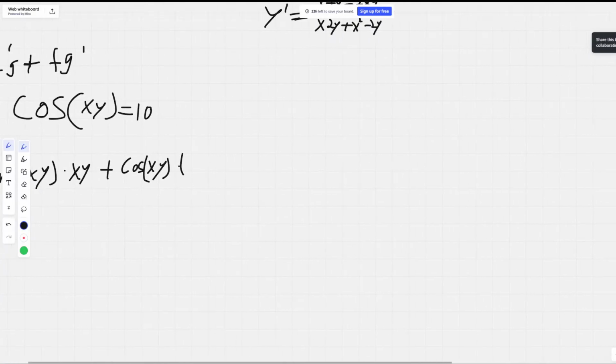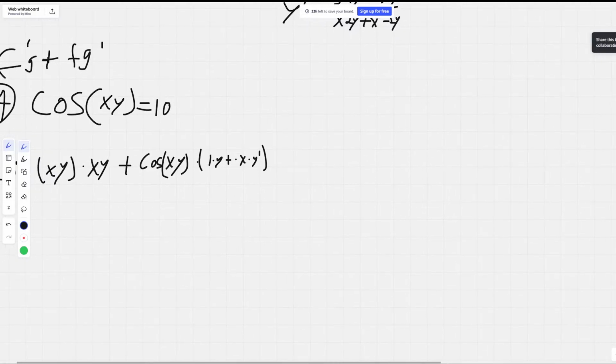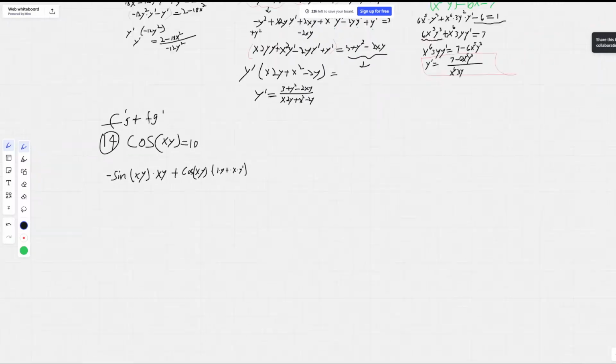Then f times g prime, which will be 1 times y plus x times y prime. Pretty standard. If I remember right, I think he went over this one a little bit.